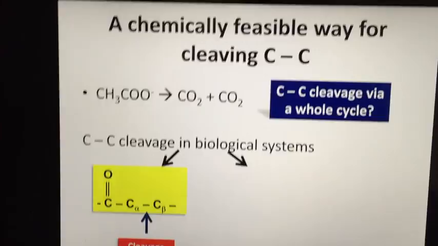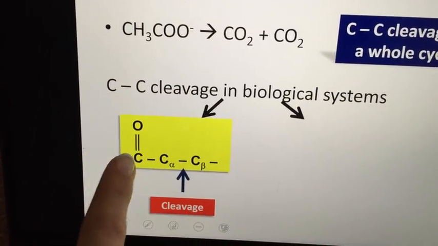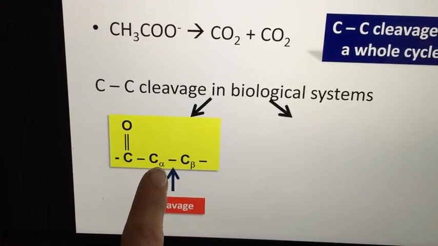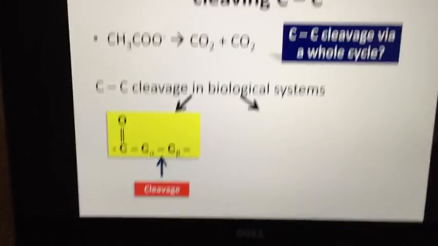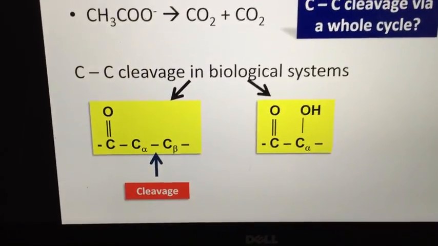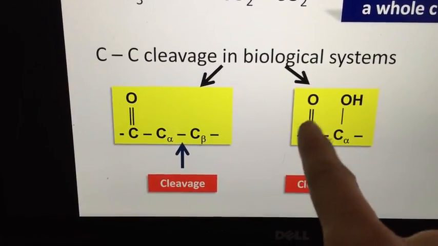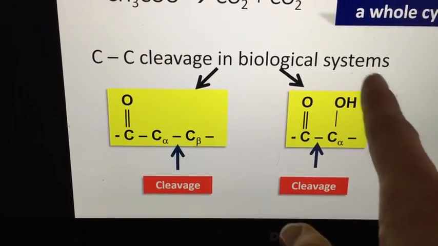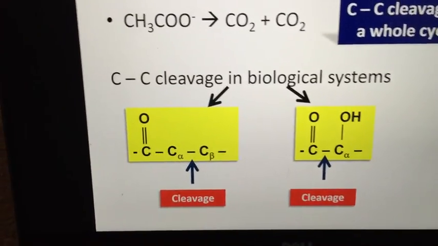Remember, this is the carbonyl group, the C double bond O. The alpha carbon is the carbon next door, and then the one next door is the beta carbon. Cleavage can happen over there. The other way that cleavage can happen is between the carbonyl carbon and the alpha carbon, but only if the alpha carbon is attached to an OH group.